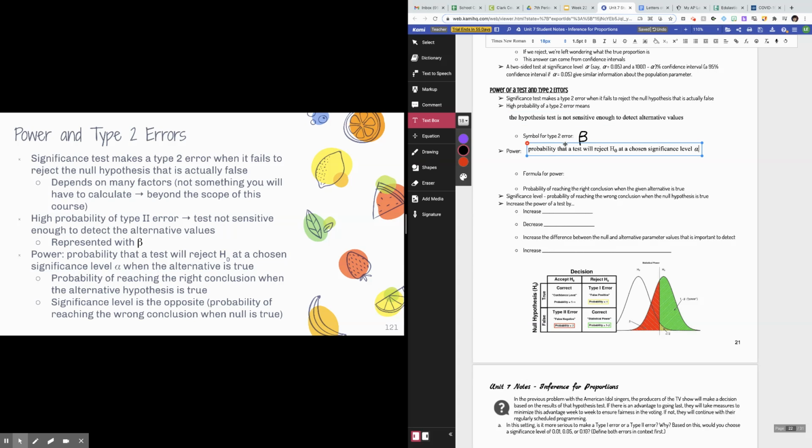So power is the probability that your test will reject the null at whatever significance level you chose when the alternative hypothesis, when HA, is true. Essentially, power is the probability that you reject the null when you are supposed to.